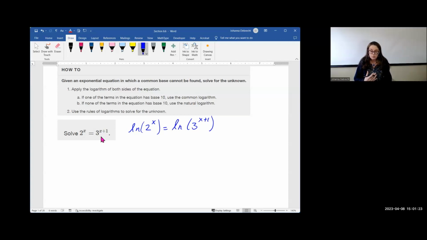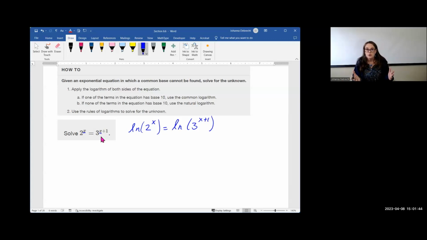Now I can use the properties of logarithms to pull the variable out of the power down to the line so I can get my hands on it. Because in the original, the variable x, which is what I'm trying to solve for, is way up in the power. I can't get my hands on it.